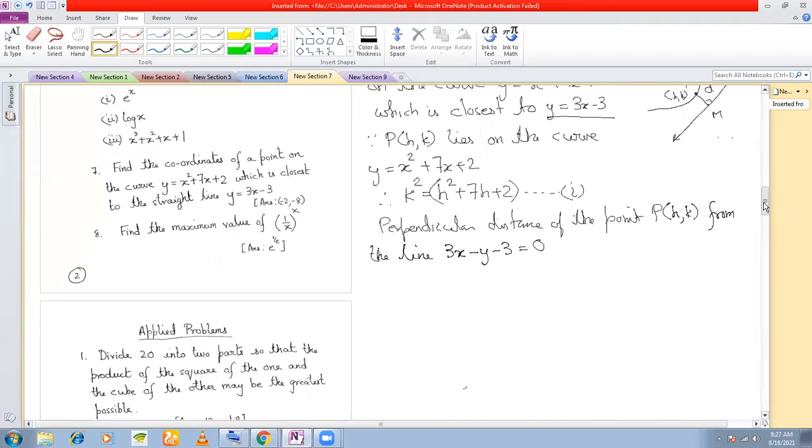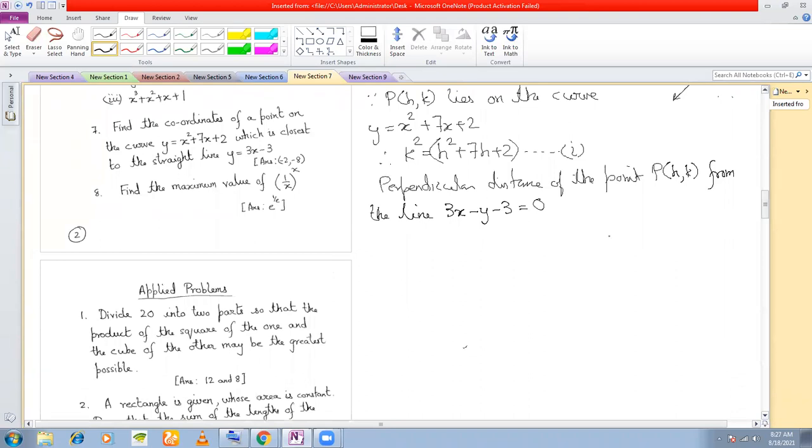Okay. Now, if you remember your formula from last year's coordinate geometry, the distance of the point (x1, y1) from the straight line ax plus by plus c is equal to 0 was plus or minus (ax1 plus by1 plus c) divided by root over of a square plus b square, right? So here, this perpendicular distance, if I use this formula, is equal to plus or minus.